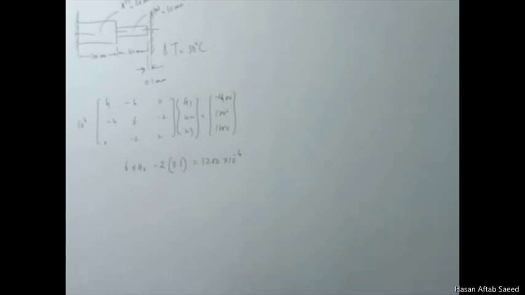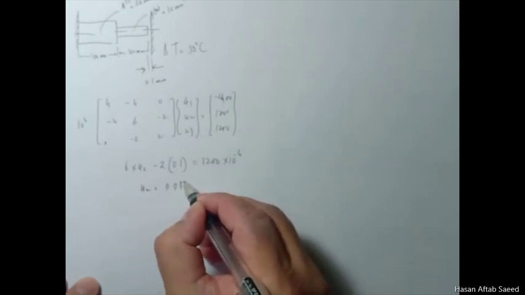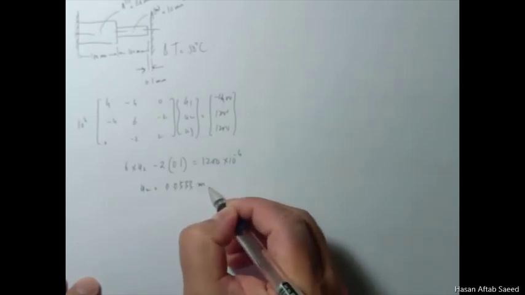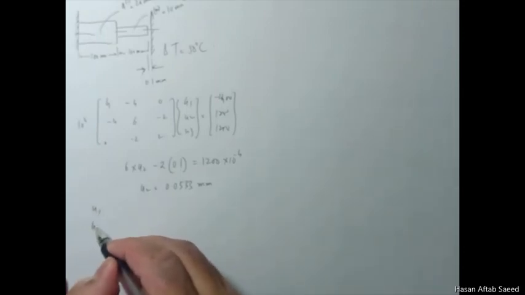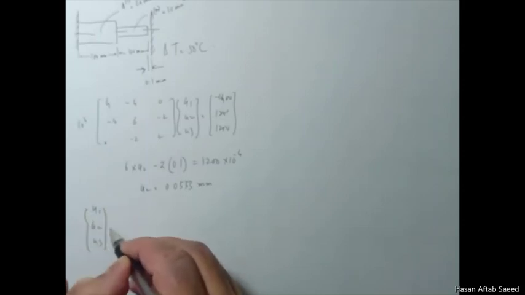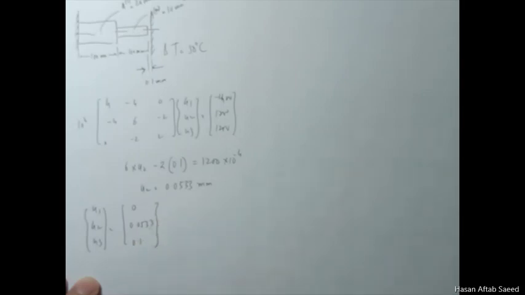And u2 comes out to be 0.0533 millimeters. Now if this is 0.0533, then the r vector becomes, because the other two values we already knew, 0.0533 and this is 0.1.